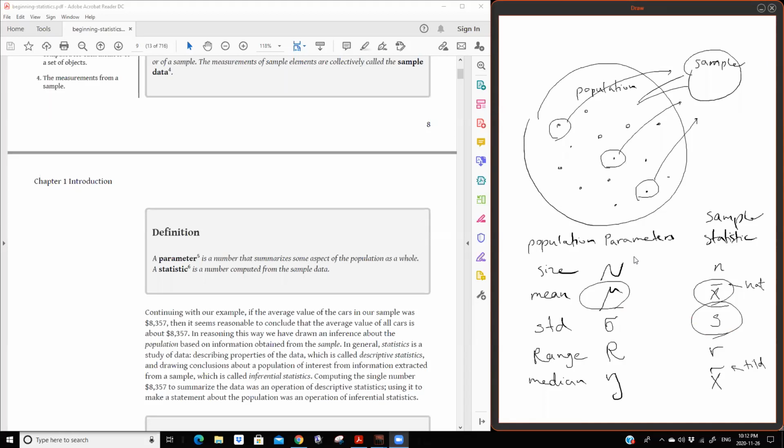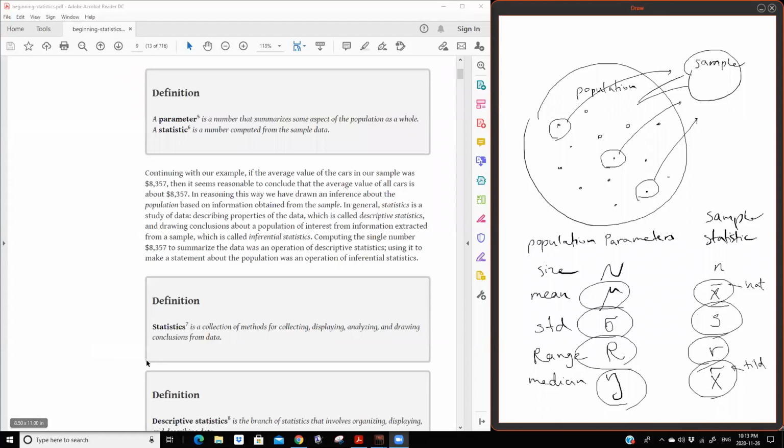S, the sample standard deviation, is an approximation for sigma. R, the range in your sample, is an approximation for the range in the population. And the sample median is an estimate for the population median. These would be good approximations if they are close to the actual ones. And there are ways of measuring that we're going to learn later on. Any questions so far?